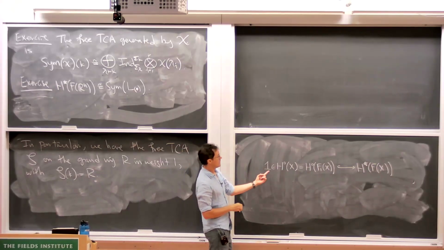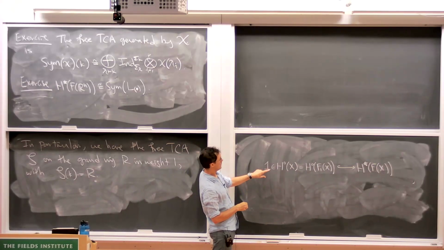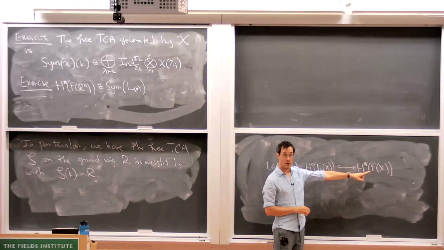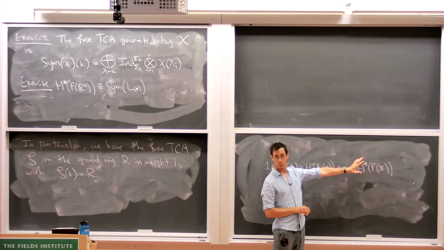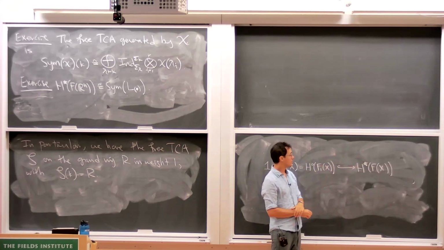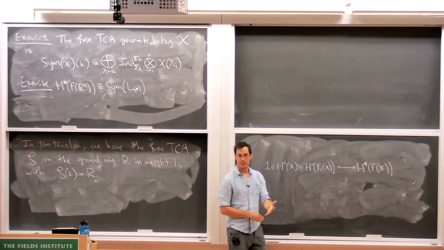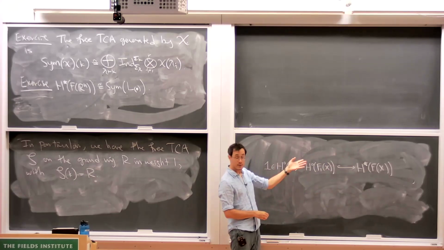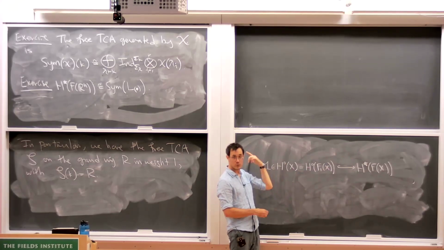And so what this means is I have a canonical element in weight 1 of this TCA. No matter what X is, I have a canonical element in weight 1. And so by the universal property of a free algebra, that means that for any background space, I have a canonical and functorial action of S. It just comes to us.